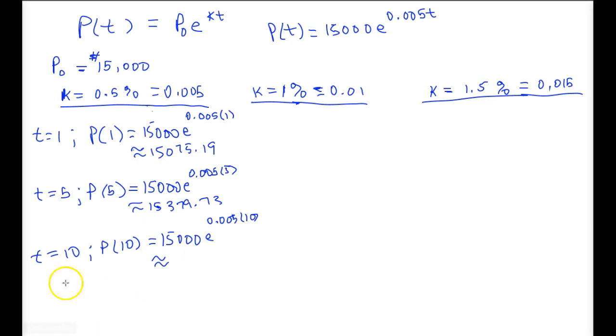And for the one where it was 10 again, so for 10, that would be $15,769 and about 7 cents. Okay, and so that is what those calculations would be.